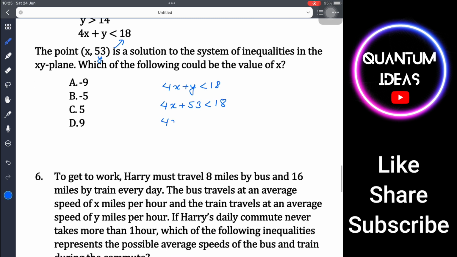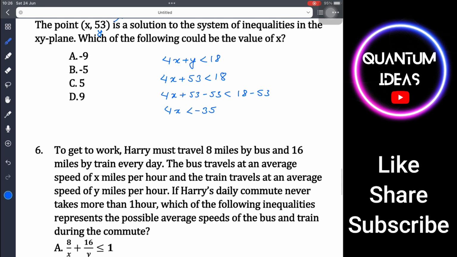To remove this 53 we have to subtract 53 from both sides. 18 minus 53, so 4x is less than minus 35. Now divide both sides by 4.